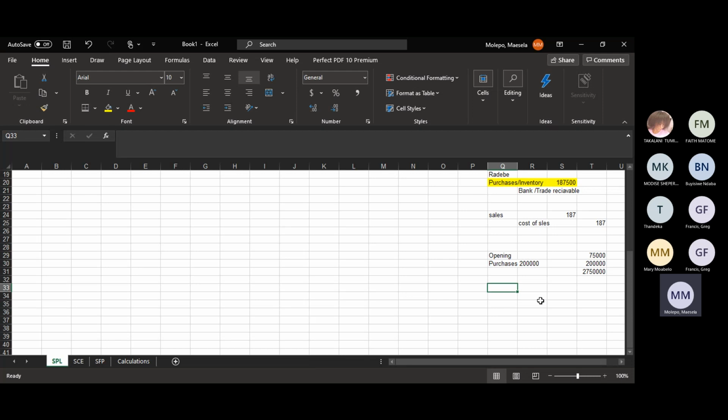And then now we sell, or sales. When we sell, I'm going to manipulate this in the meantime. I just want to check something. In this case, they say the selling was 187,500.